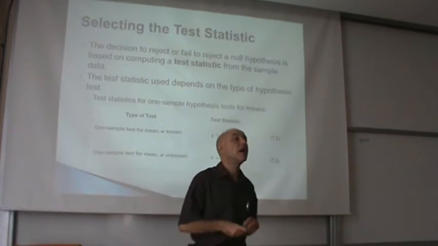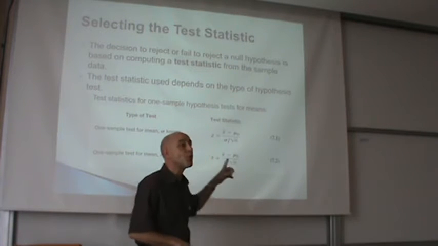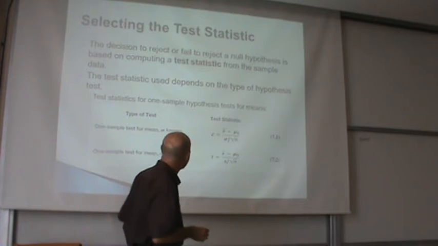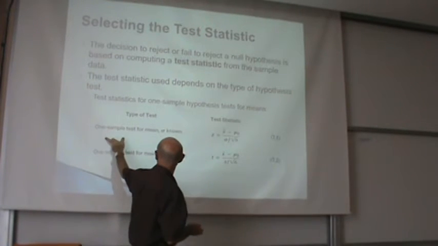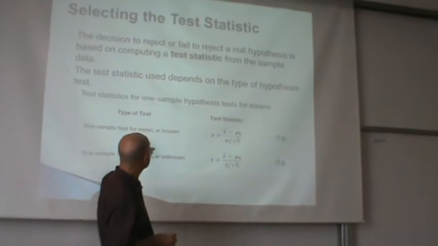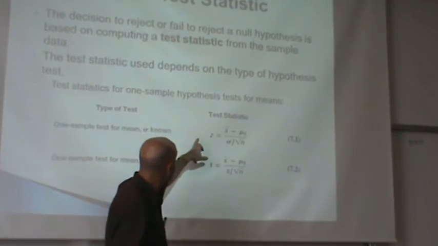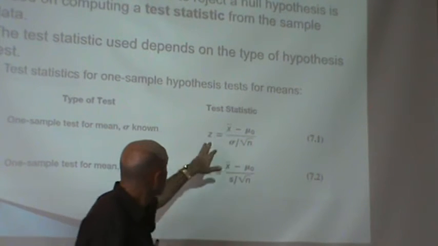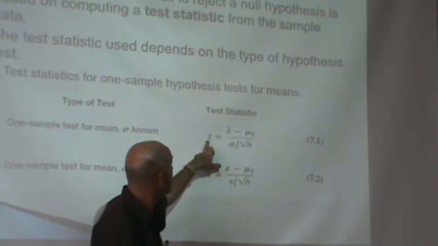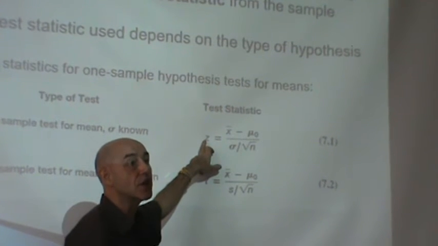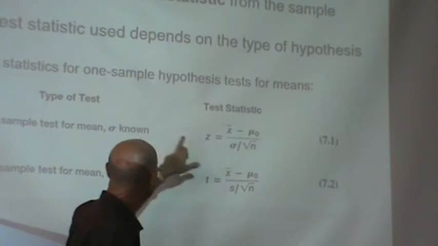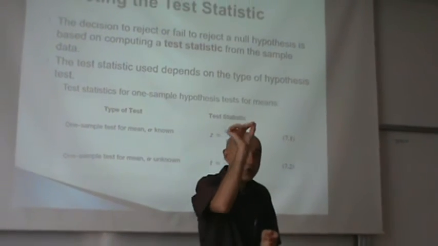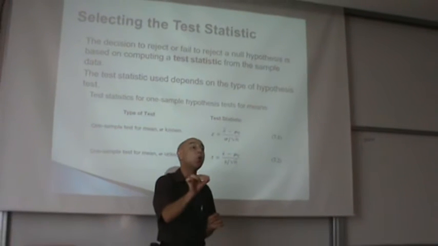Now, the test statistic will be working exactly like the confidence intervals. And again, you will be getting, for a sample test, if sigma is known, the standard Z statistic. So if you know the variance, the distribution will be normal, and this is called the standard normal distribution. And the Z statistic is directly related for each observation to the Z score.